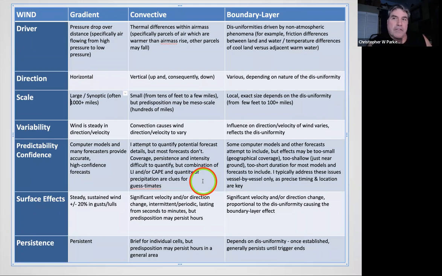And we derive this from looking at a lot of different things. Some of them are precipitation based, the convective nature of the precipitation, and we use the CAPE to some extent to help with that. Forecast models are not really good with convective winds, and specifically the global forecast models are built to ignore convective winds.